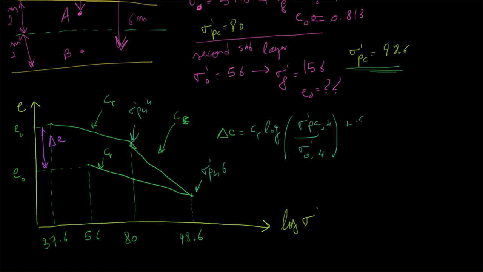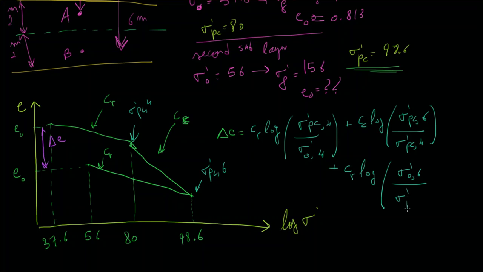So plus CC log sigma dash BC at 6 meters over sigma dash BC at 4 meters. Plus we went up using the recompression line, CR log sigma dash naught at 6 meters over sigma dash BC at 6 meters.